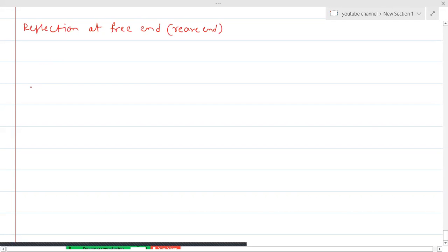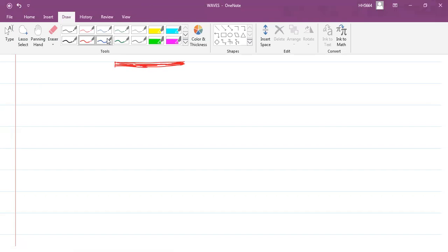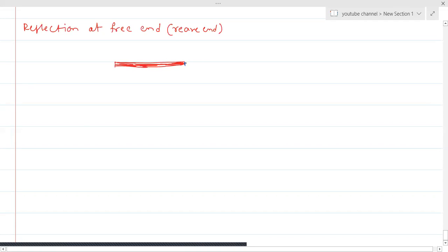So let us understand what we mean by reflection at rarer end. For example, we have a rope, a thick rope, and in addition to this, we have a very thin rope. So this is thin, and obviously this is thick.